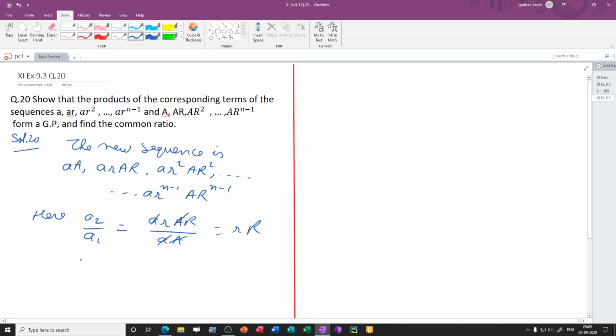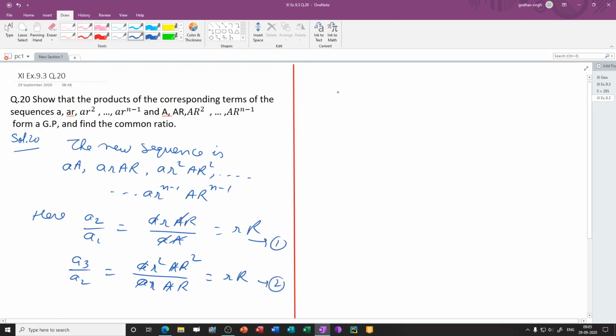The next, let us find the ratio of A3 and A2. That is equal to a r square into capital A into capital R square divided by ar into capital A into capital R. So a and a cancel out, capital A and capital A also cancel out, and small r square will be divided by small r, and capital R square will be divided by capital R. So we will be getting small r capital R. So this is our 1, this is our 2.